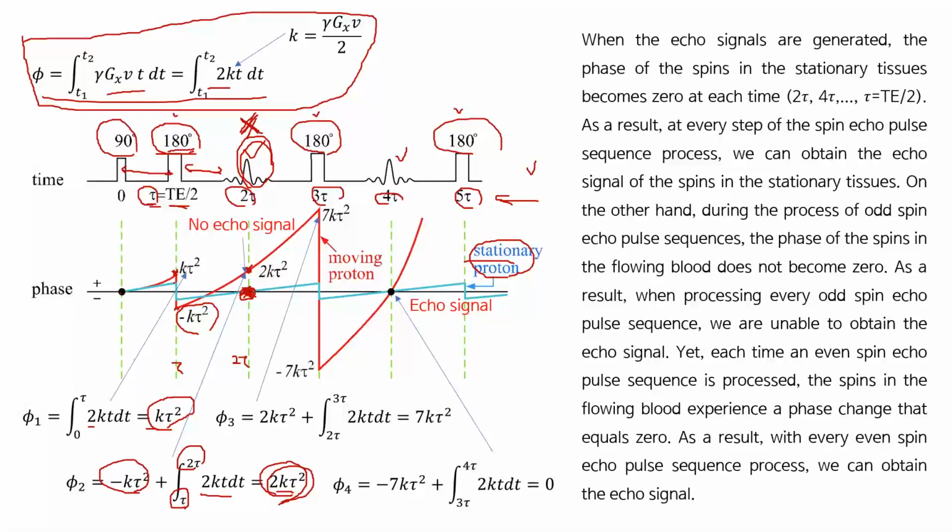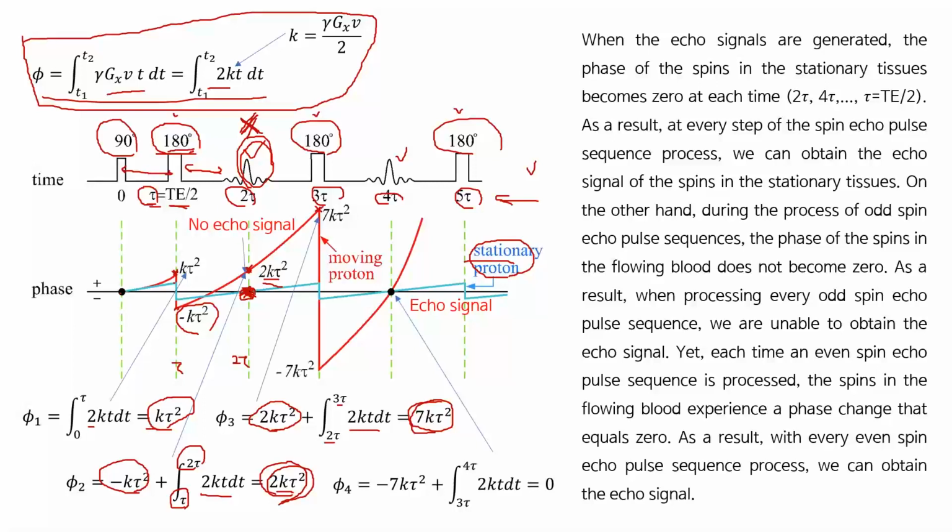Now let's go on. At this moment, starting from 2k tau square, and time is 2 tau to 3 tau. So the integral gives 7k tau square.